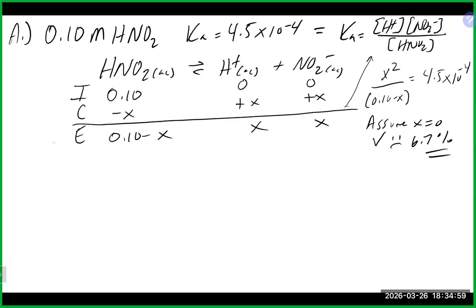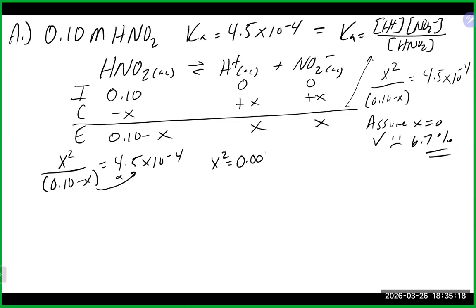We do need to solve it, obviously, quadratically, and that means we just got to do a little bit of distribution here. So we're basically going to multiply everything we got there on the bottom to the other side. That's going to get us x squared is equal to 0.000045 minus 4.5 times 10 to the minus 4 x.